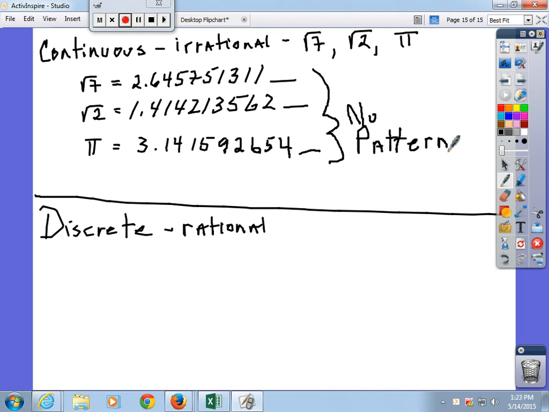Does everybody see that? There's no pattern. There's no predictability. It's all over the place. It varies. In other words, you cannot predict this next digit based on what you see here. So it's ambiguous. Irrational. All right, punch these in. You don't have to because they're pretty easy.